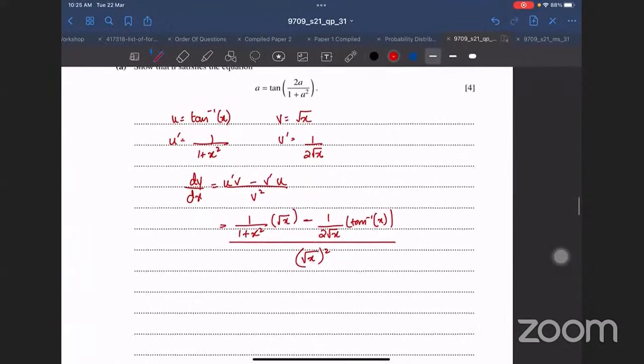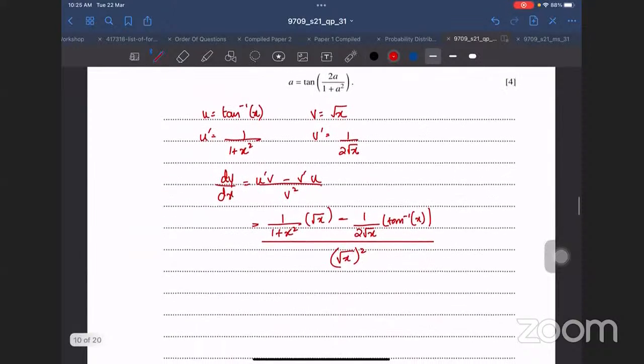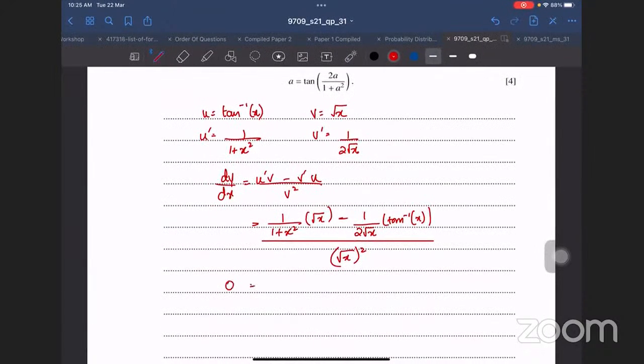Since this is the maximum point, this is going to be equal to 0.